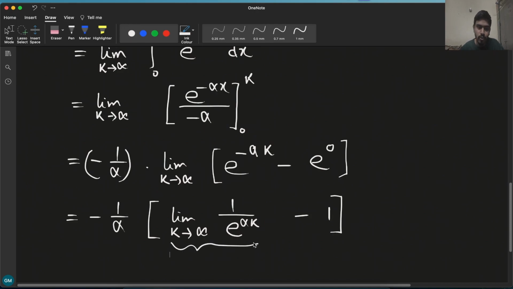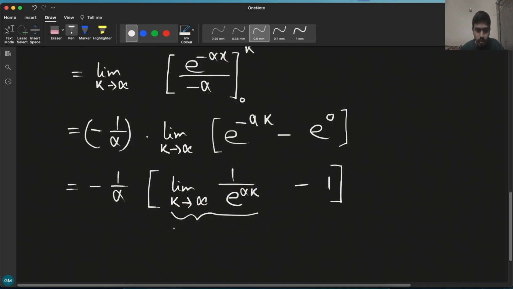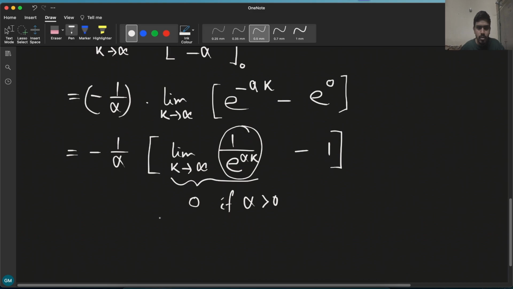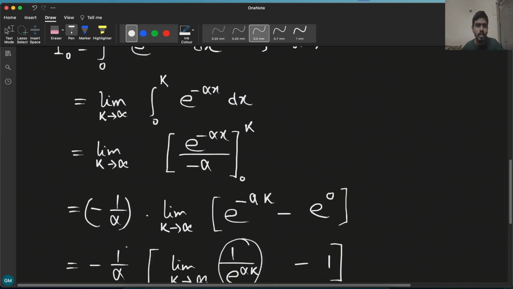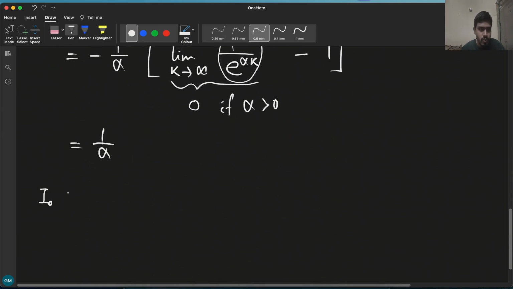And what is this value? Since alpha is greater than 0, for k going to infinity this value will go towards 0. So the limit is 0 if alpha is greater than 0, and we are left with 1 by alpha. So what we got is I0 equals integration 0 to infinity e to the power minus alpha x dx equals 1 by alpha.